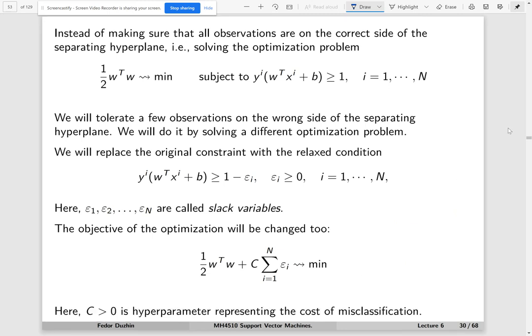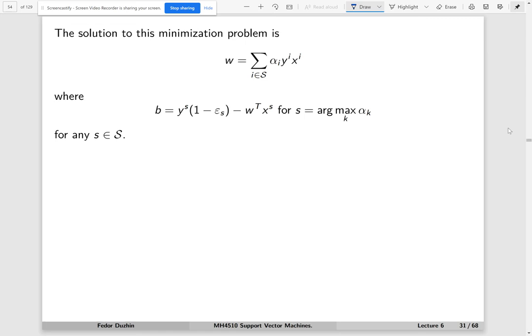So this C is the hyperparameter representing the cost of misclassification, and of course, like any other hyperparameter, it can be found or tuned by cross-validation. The solution to this minimization problem is again going to be a linear combination of some of our vectors, not all of them, just some of them, and these are support vectors.